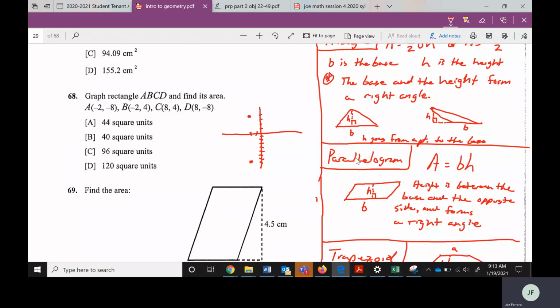Again, this doesn't have to be drawn perfect because we'll look at how we're going to label this in a second. C is 8, 4. So we're going to go 1, 2, 3, 4, 5, 6, 7, 8, and then up to 4. And then D is 8, -8. So this was out to 8. This was down to -8. So here's our rectangle.